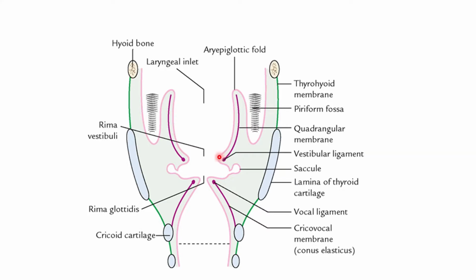In between the two folds, that is the vestibular fold above and the vocal fold below, lies the space which is called the sinus of the larynx. This space represents the sinus of the larynx.